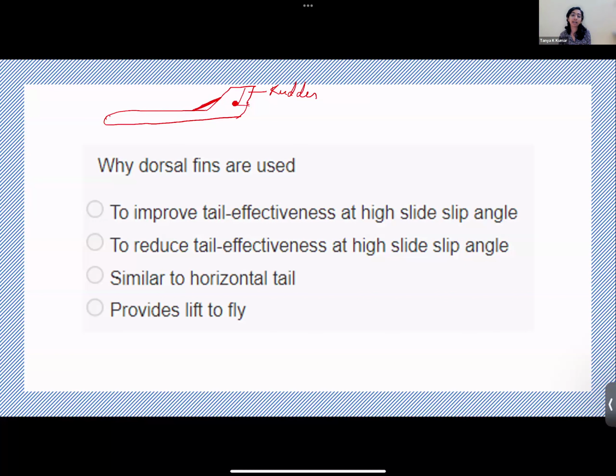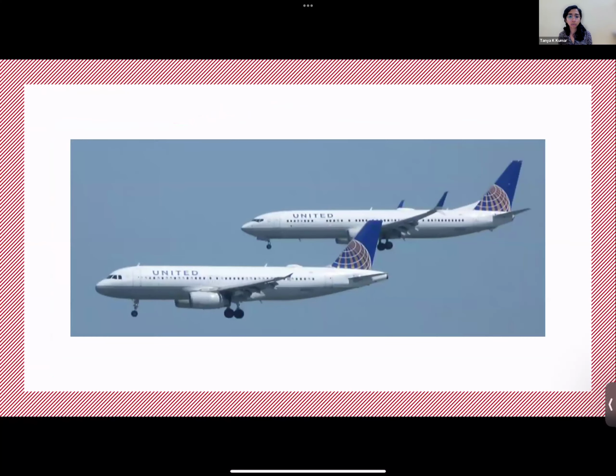So why are these dorsal fins used? So this is the dorsal fin, right? So why are they used? So these are two similar aircrafts. The one above has a dorsal fin, this portion of the vertical tail, which is swept at a different angle.